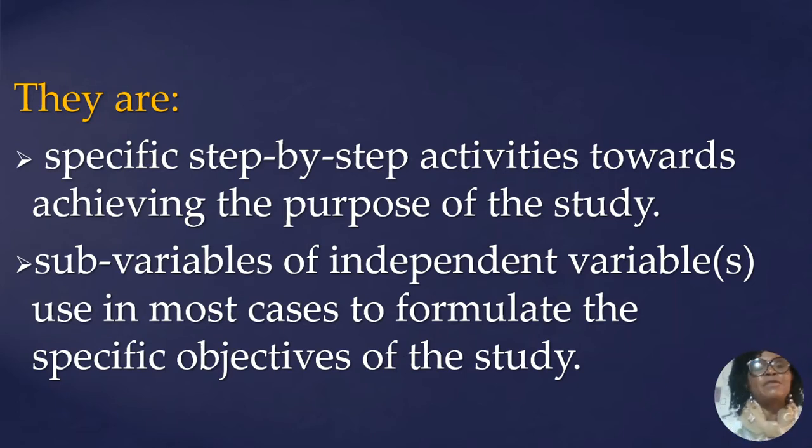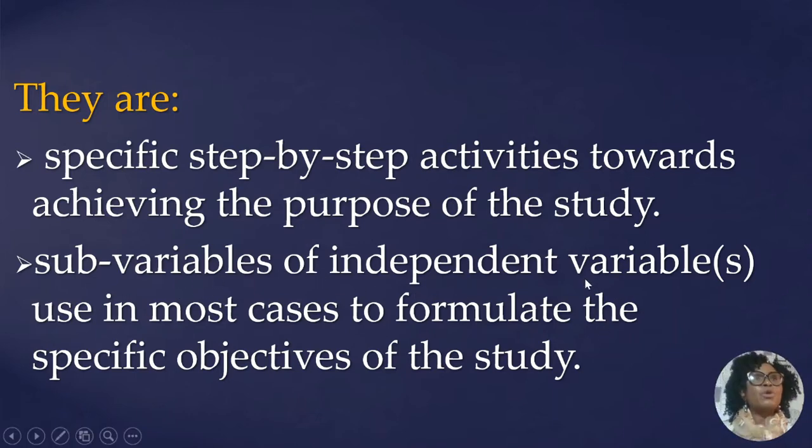Students always find it very difficult to know how to break the purpose in order to get the objectives. I have said here that it is specific step-by-step activities. You have to know what are those small things you want to do that will move towards achieving the objective. We said again, there are sub-variables of independent variables.